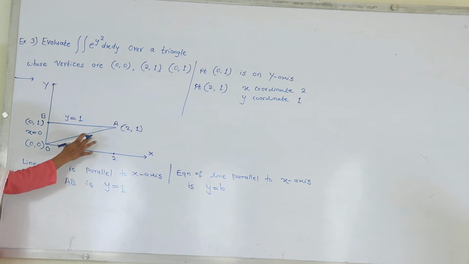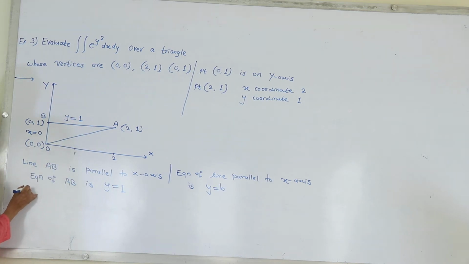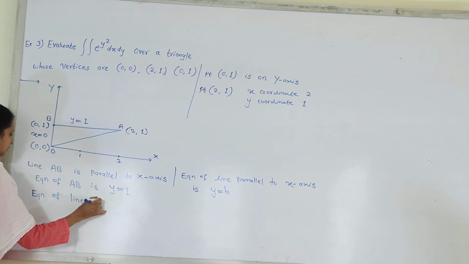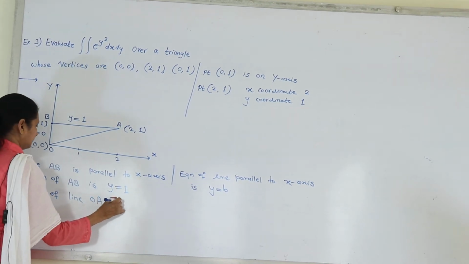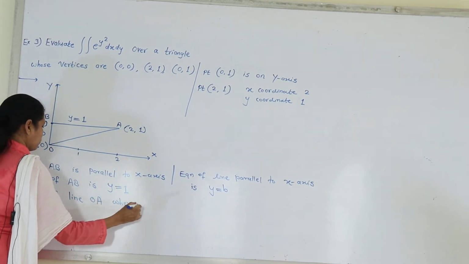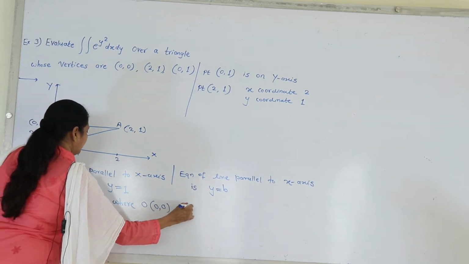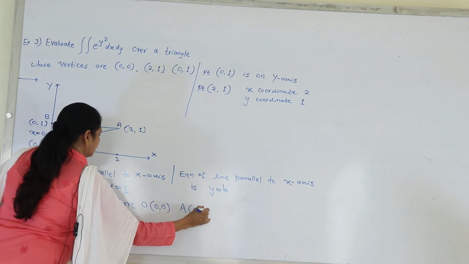Now the equation of line OA, where origin is (0, 0) and point A is (2, 1).